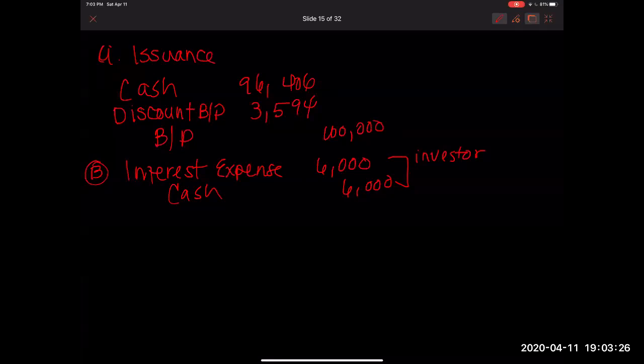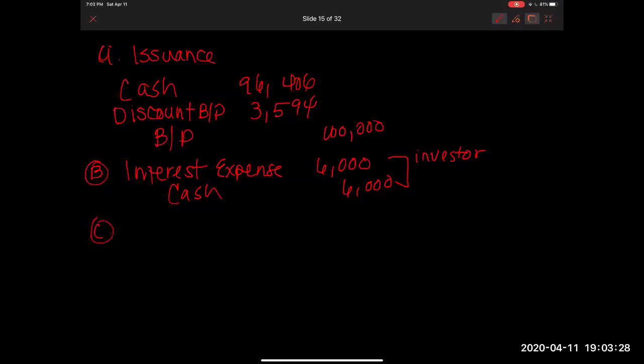Okay. Now, C, we're going to capture us amortizing the bond discount. And remember, we're going to do the 3,594. We're going to amortize it twice a year over the lifetime of the bond, which is 5 years. So that is going to be 10, and that's our denominator. So our amortized amount per semi-annual period is going to be $359.40.